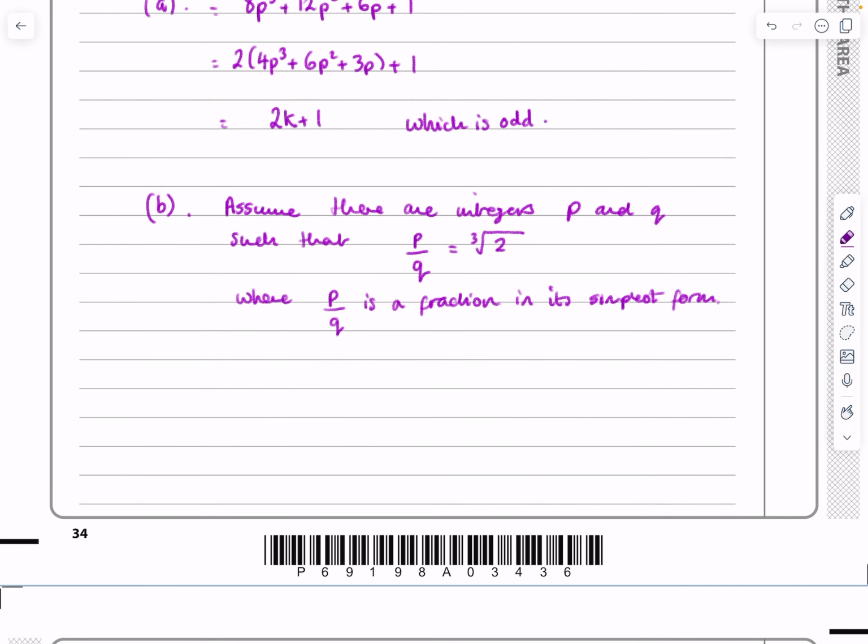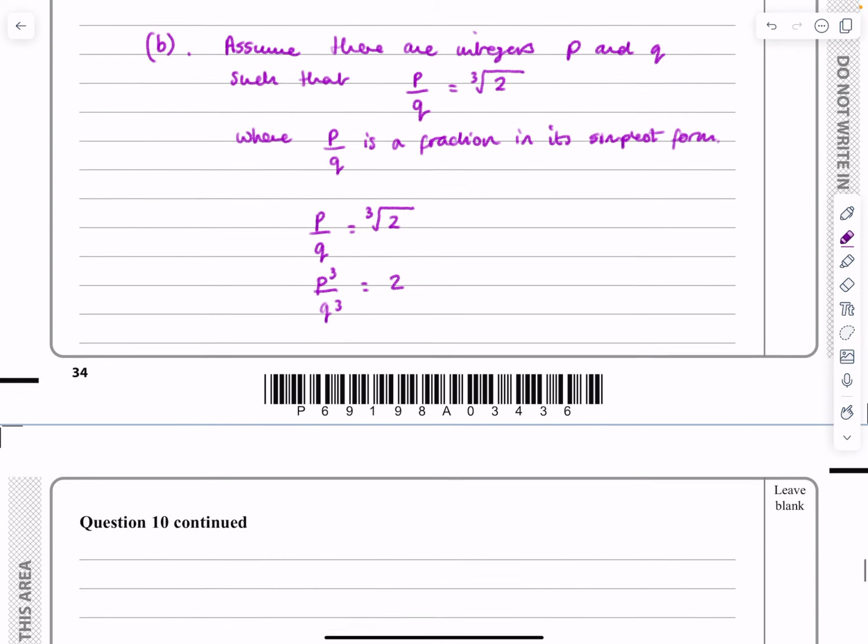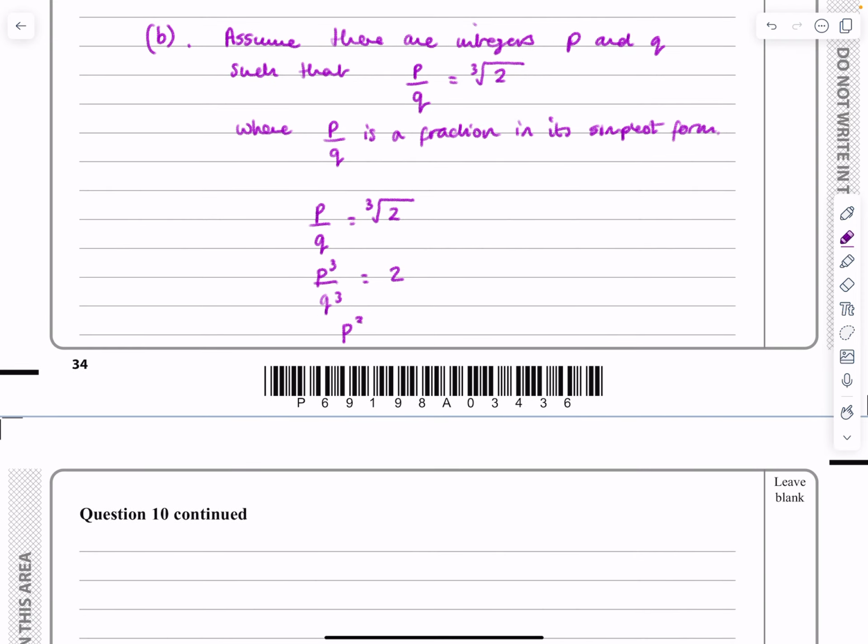So if we start off with that, if p over q is equal to the cube root of 2, then obviously we need to get rid of the cube root sign here. So cube both sides. I'm going to get p cubed over q cubed is equal to 2. And from that I can say, okay, p cubed is equal to 2q cubed.